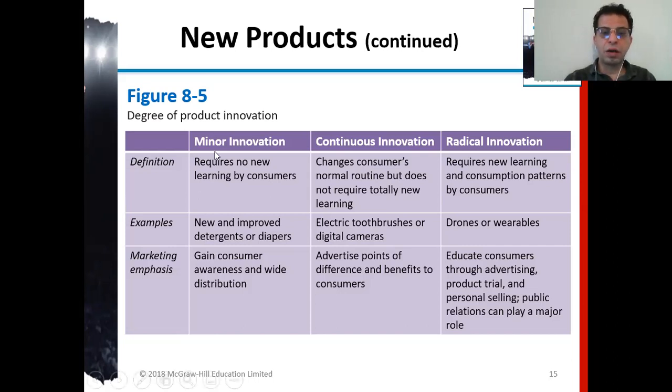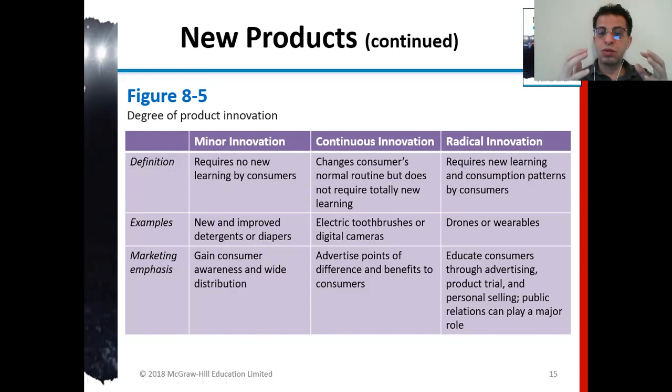Minor innovation requires no new learning by customers, for example a new and improved detergent or diapers. And the market emphasis is just to gain awareness and wide distribution.